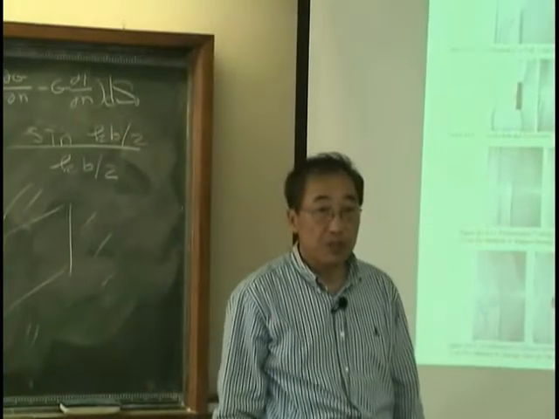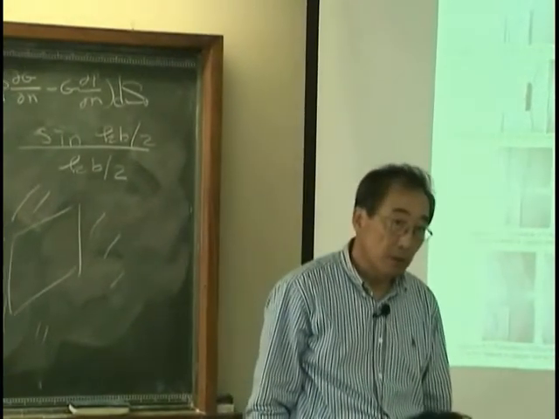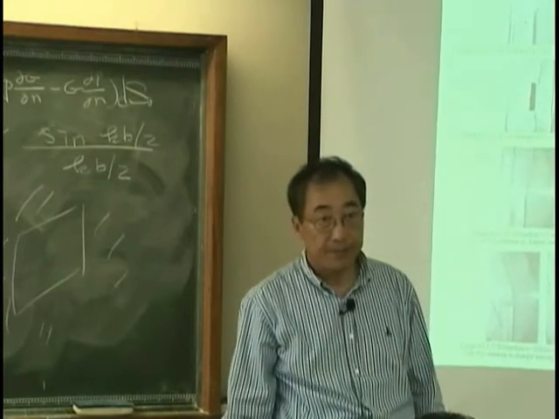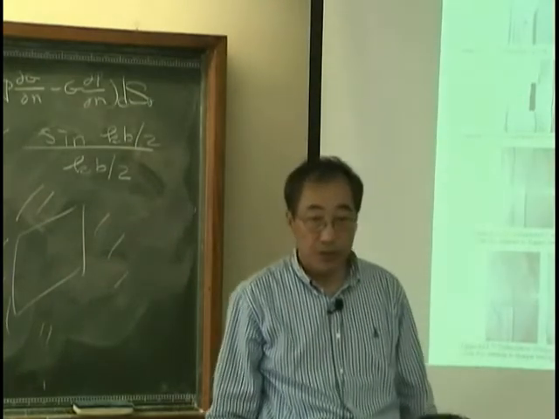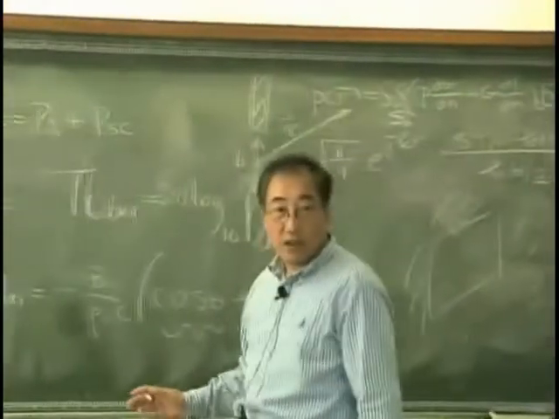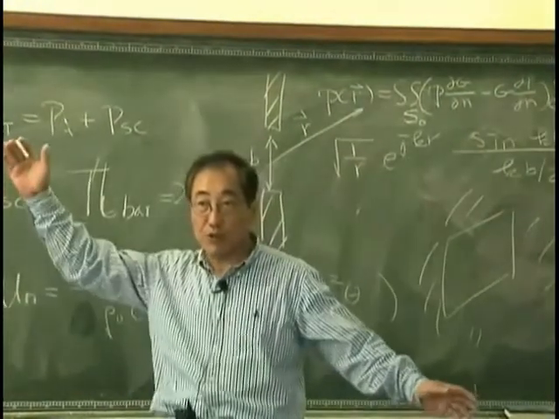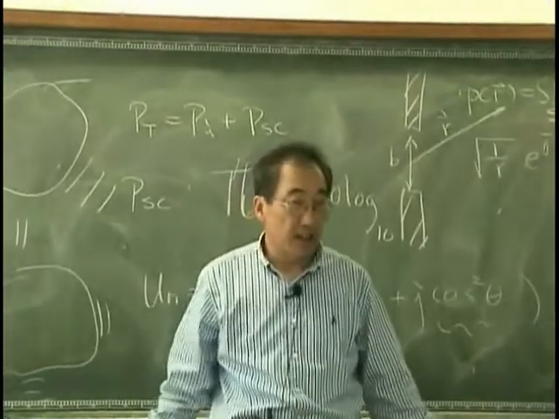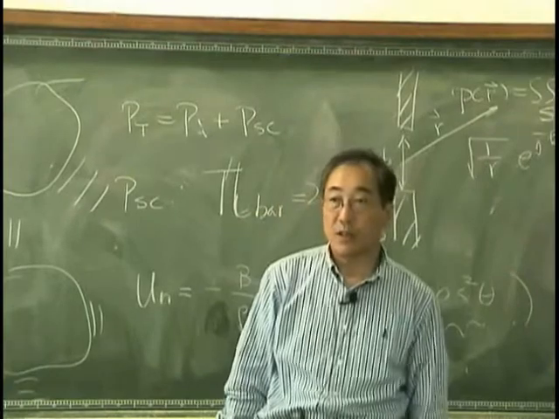That means the frequency is about 60 or 70 hertz, very low frequency. Then, because the wavelength is 5 meters, that will induce a very severe diffraction. In that case, this formula does not really hold.